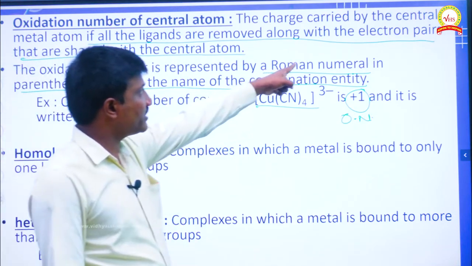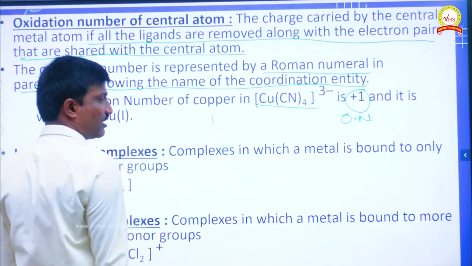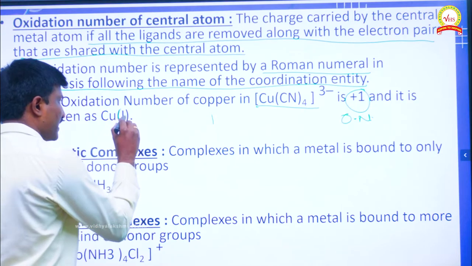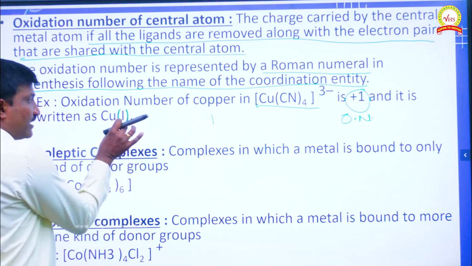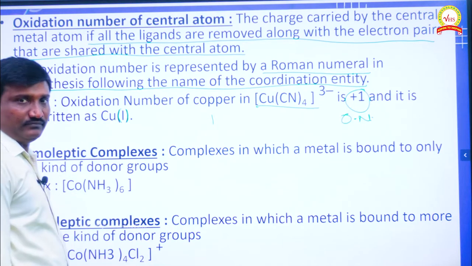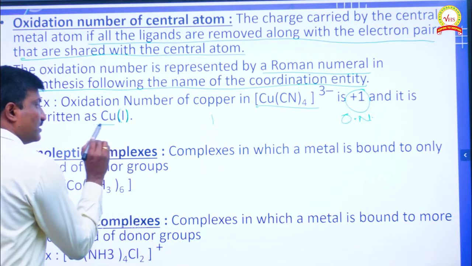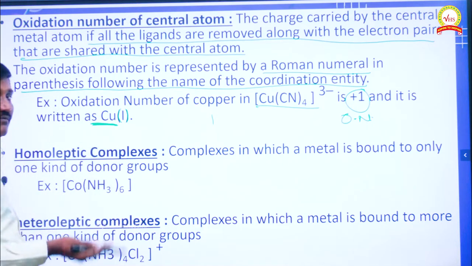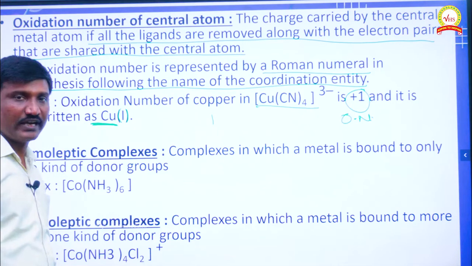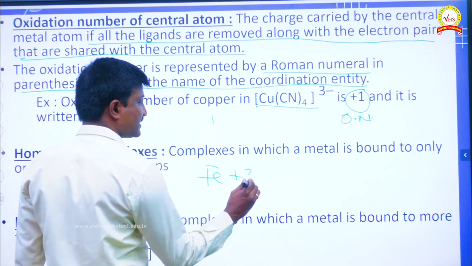We have to represent that number in Roman numerals, so +1 is represented as I. We keep that in parenthesis, that is, in brackets, and that Roman numeral oxidation state should be followed by the metal name. That means Cu(I).